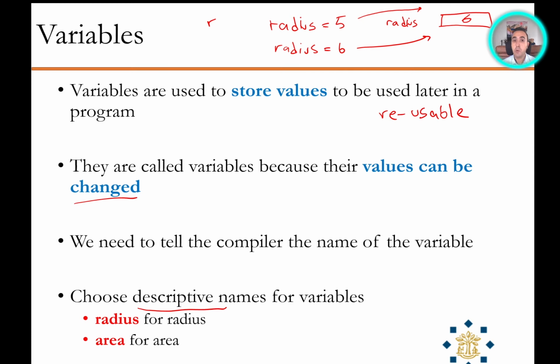Someone else reading your code might look at it and say, okay, what is r? I know what r is, but is it really what I think it is, or is it something else? So please be as descriptive as possible. If they are radius, just name it radius. Or if they are area, just name them area, okay?